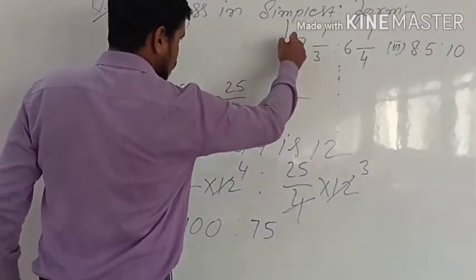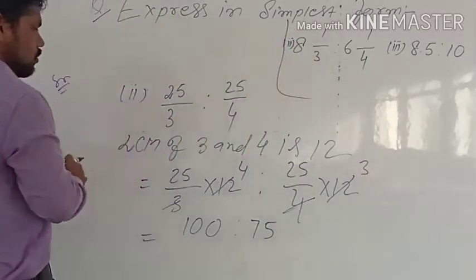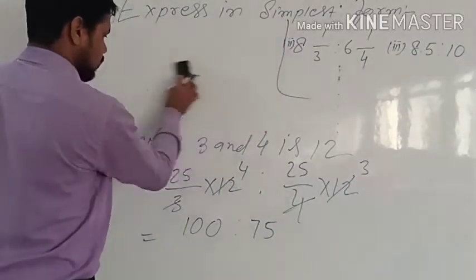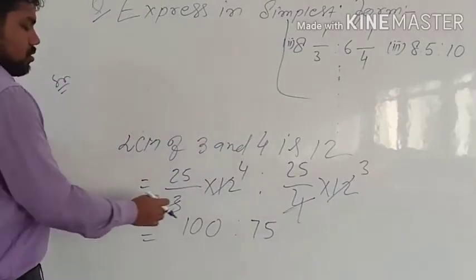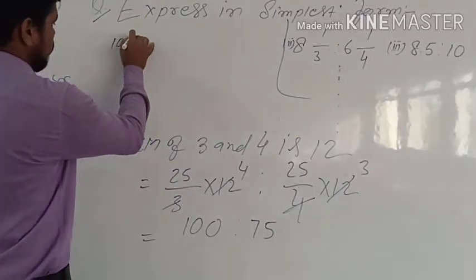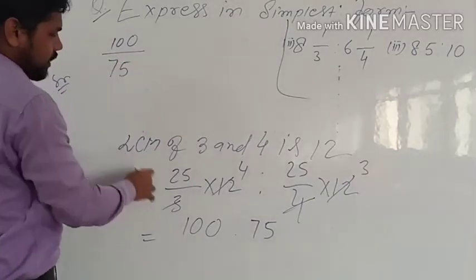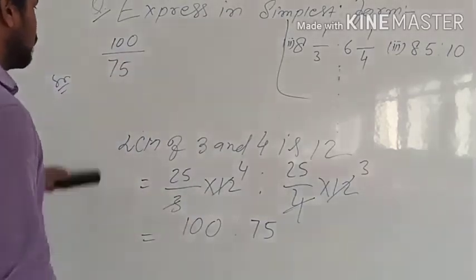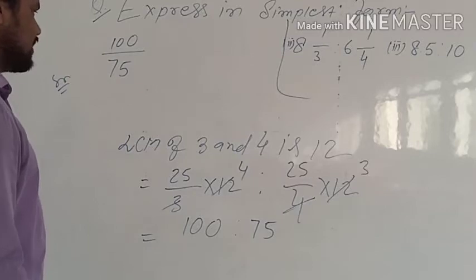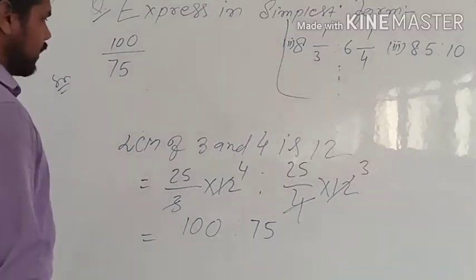Now I am writing here. This is question number 2. This also I am erasing. So 100 divided by 75, we can write this. Now you have to find the HCF of these two numbers, 100 and 75.